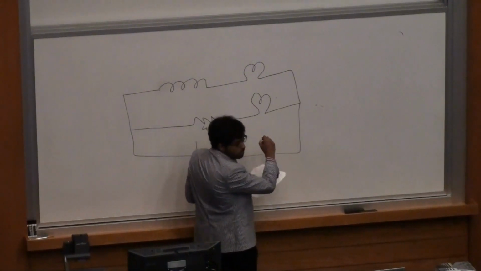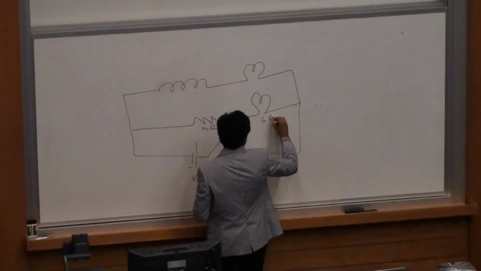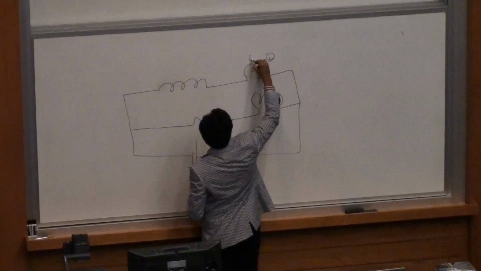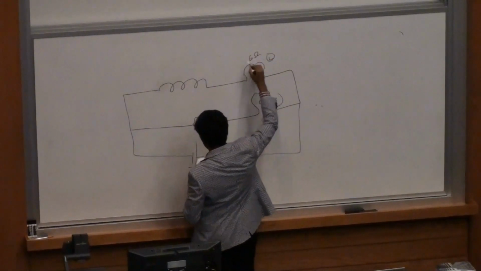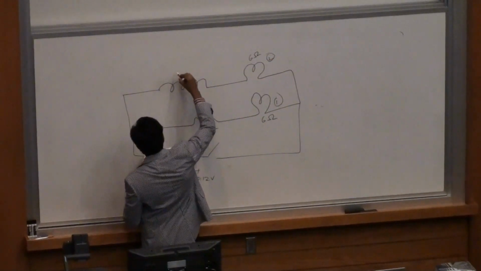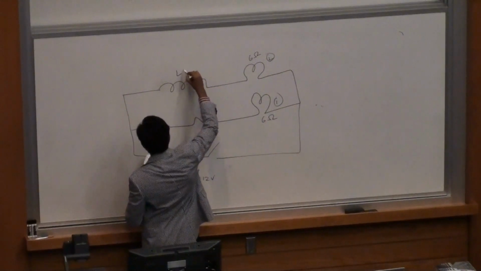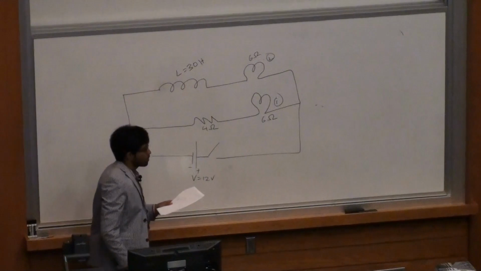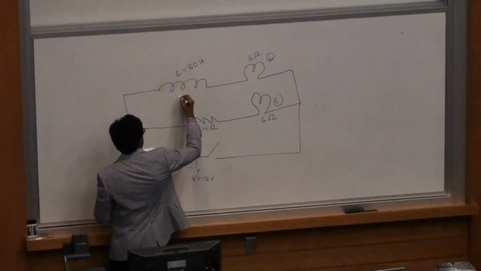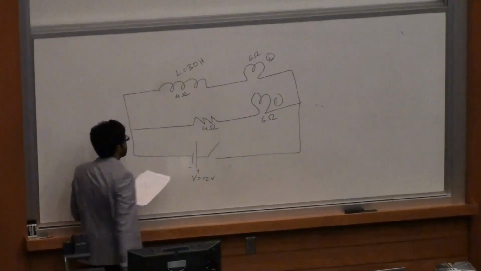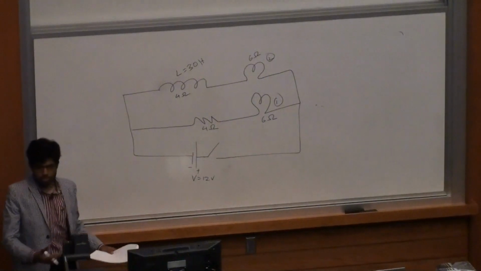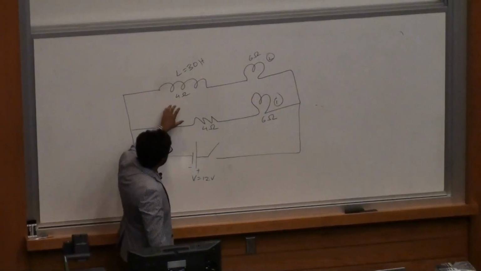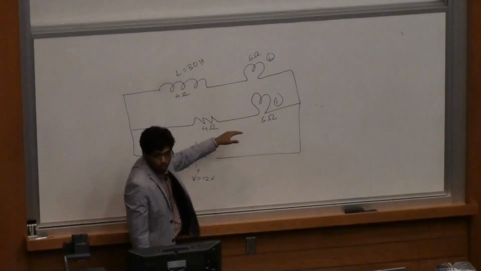A light bulb, which is 6 ohms. There's light bulb 1, this is light bulb 2, this again is 6 ohms. And this self-inductor has 30 henries, which is a lot. And this has 4 ohms, the internal resistance of that thing is 4 ohms. I put that here just to stay consistent with the bottom part of the circuit.